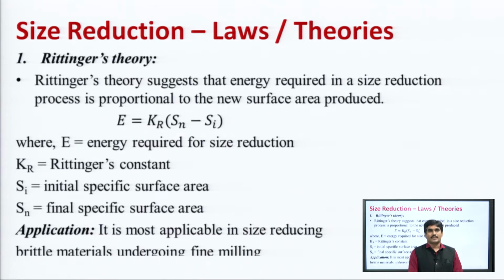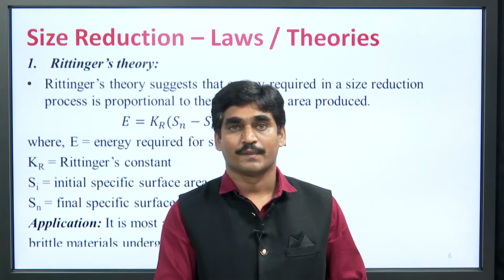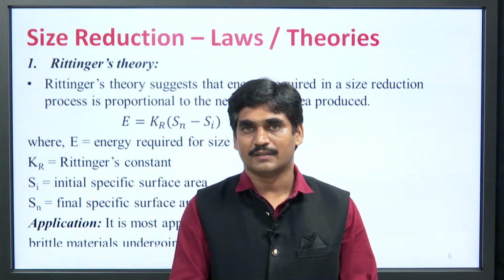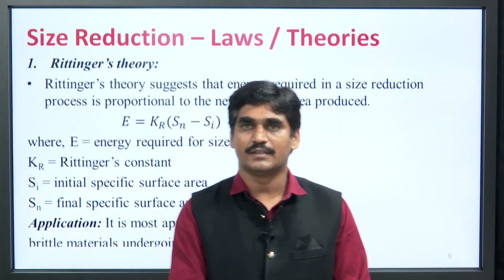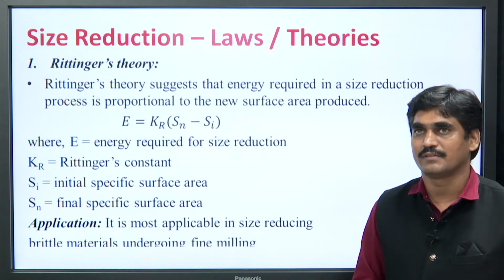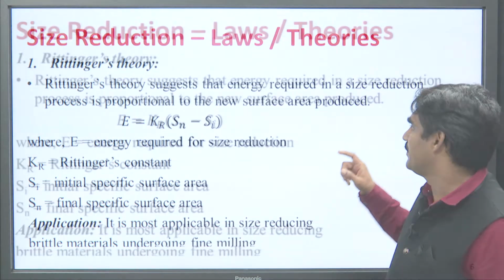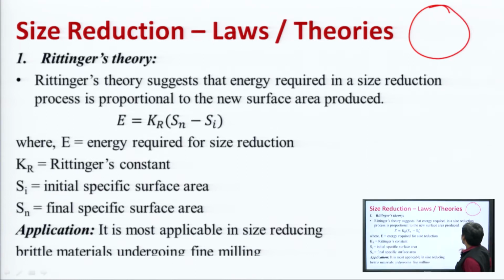Now, next come the different laws or theories which are involved in the size reduction process. So, the first theory is Rittinger's theory. Rittinger's theory suggests that the energy required in a size reduction process is proportional to the new surface area produced. That means, suppose this is the actual surface area, after size reduction this changes to this size.